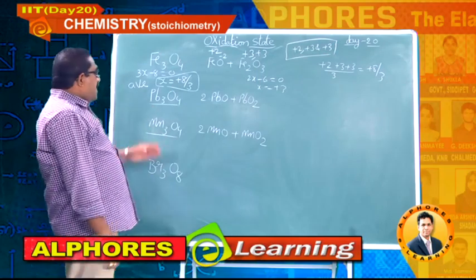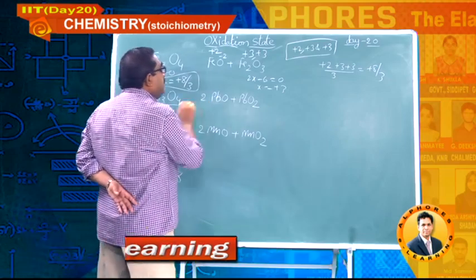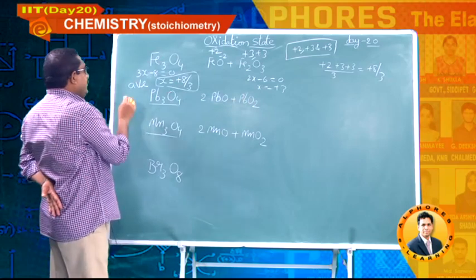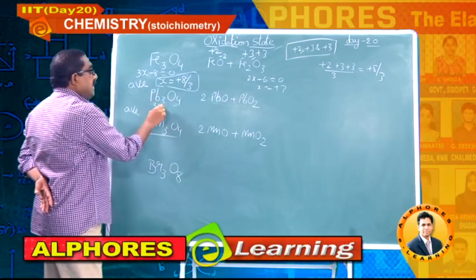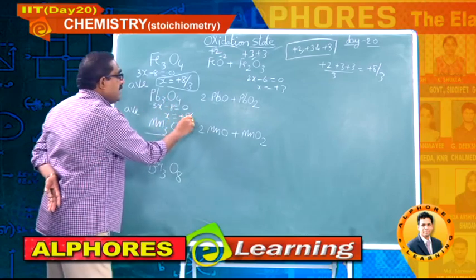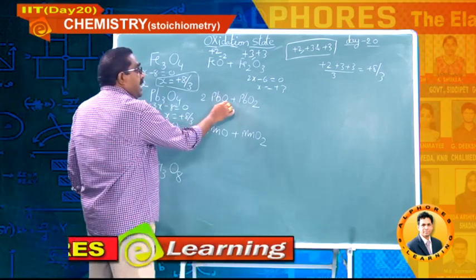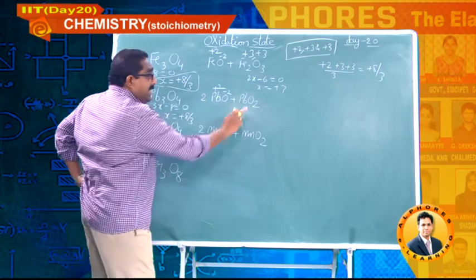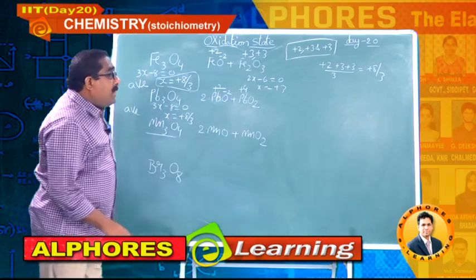And coming to Pb3O4, it is a mixture of 2 moles of PbO and 1 mole of PbO2. Okay, let me calculate the average first. Average, again the same, 3x minus 8 equals 0, x equal to plus 8 by 3 for this one also. But coming to lead oxide, oxygen is minus 2, so lead is plus 2. In lead dioxide, 2 oxygens give minus 4, so for this lead it is plus 4.